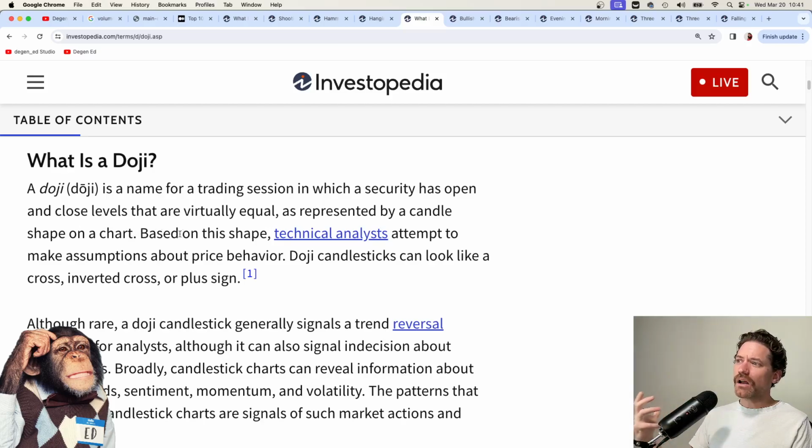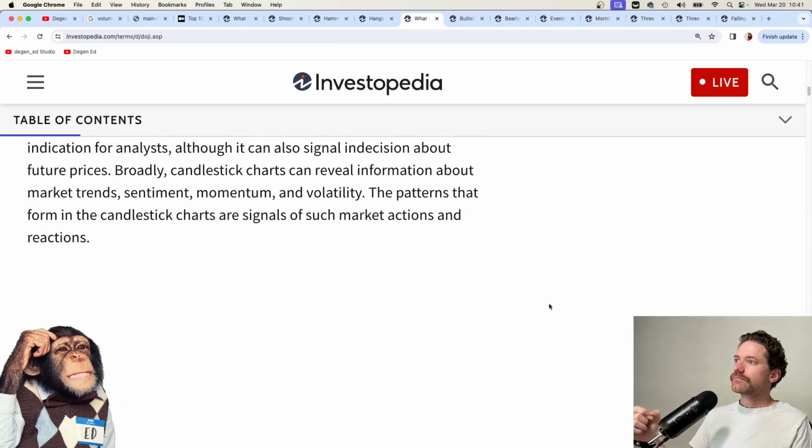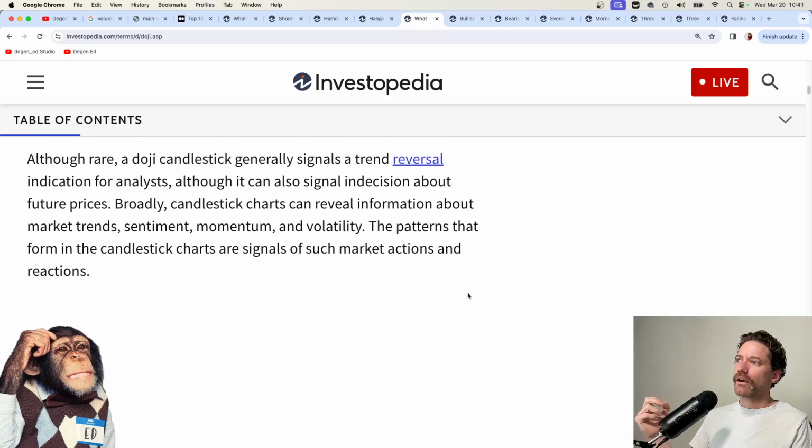Based on this shape, technical analysts attempt to make assumptions about price behavior. Doji candlesticks can look like a cross, inverted cross, or a plus sign. Although rare, a doji candlestick generally signals a trend reversal indication for analysts, although it can also signal indecision about future prices. This is exactly like a spinning top.